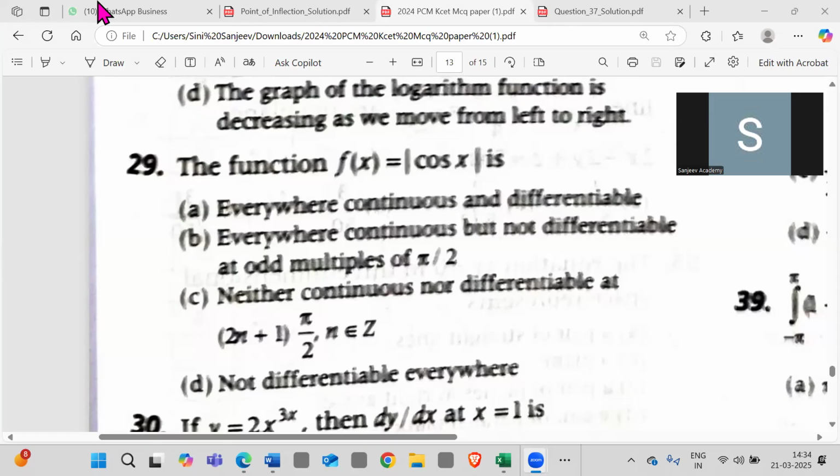I'm getting some more options. I want an answer from everyone, whether it is right or wrong. Nidhi has also sent me the answer.